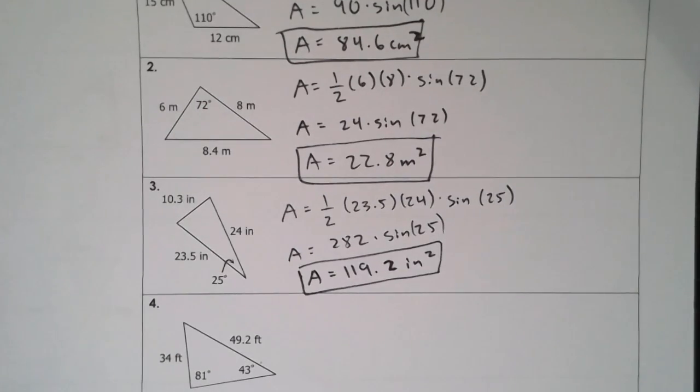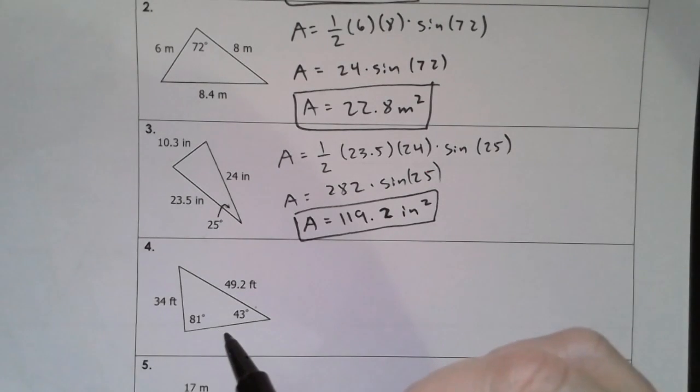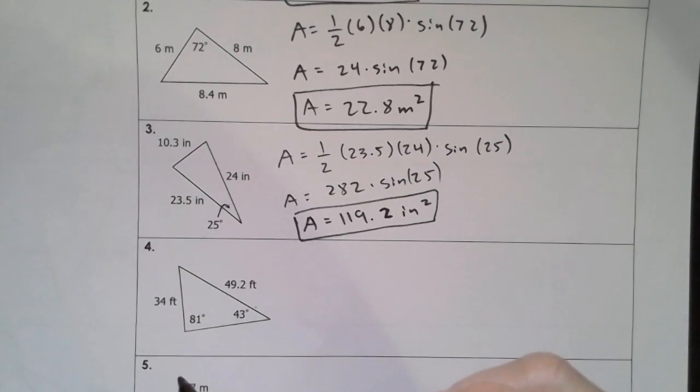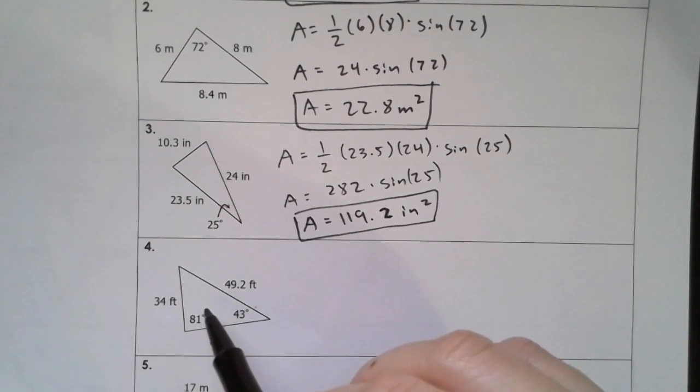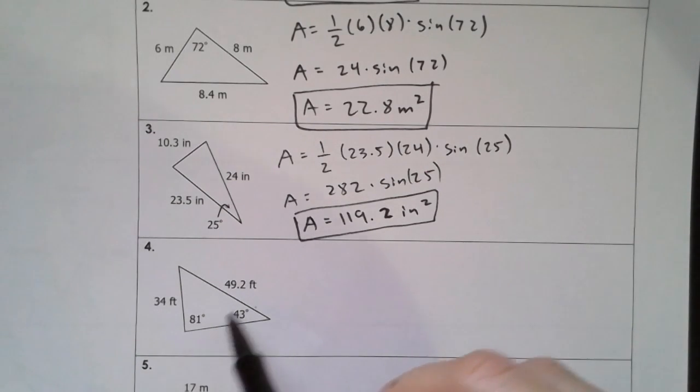Okay, so number 4, I'm given two angles, right? The approach here would be, I have two given sides and two angles. So how do I find the area here? These angles are not the ones that are useful to me, right?